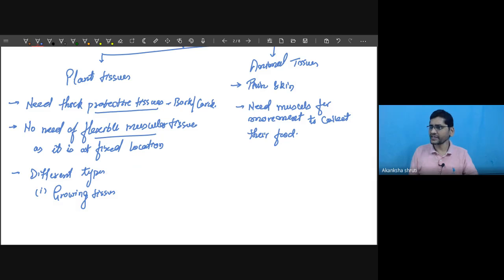They are for protection. They are not growing that much. They are the permanent tissues. So these growing tissues are called meristematic tissues. About this thing we have to learn. So it is our meristem. Sometimes it is also called growing, meaning meristem. So meristematic tissues. Another, the matured or permanent tissues.